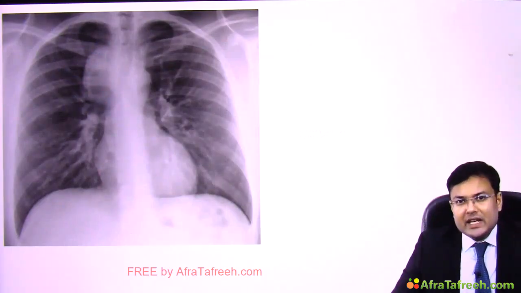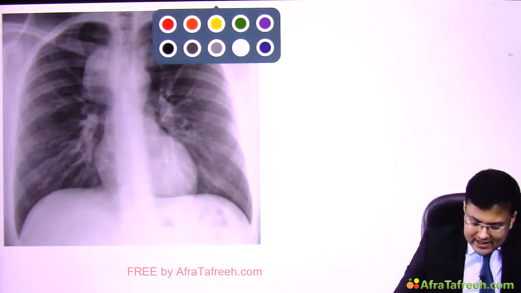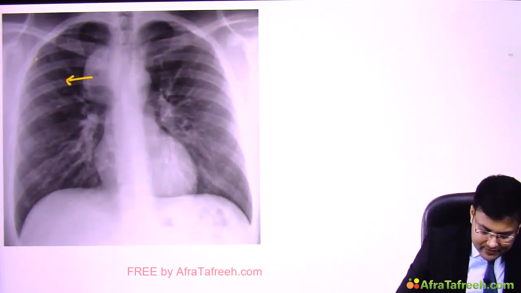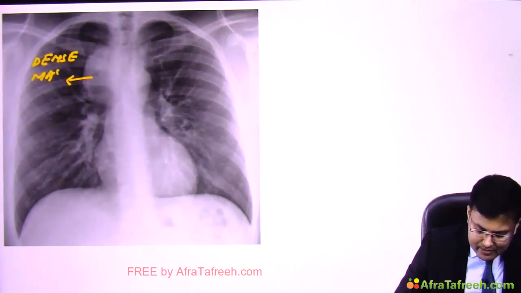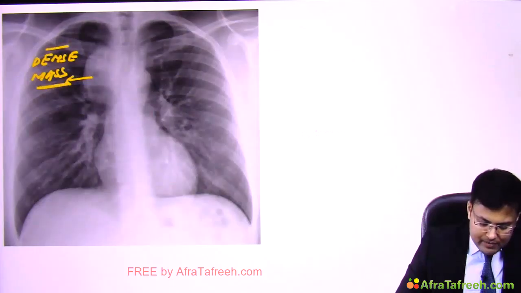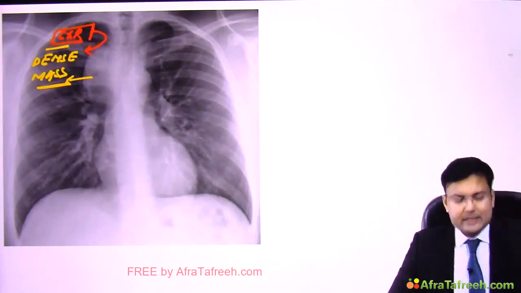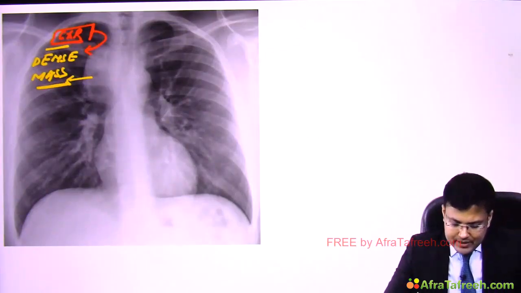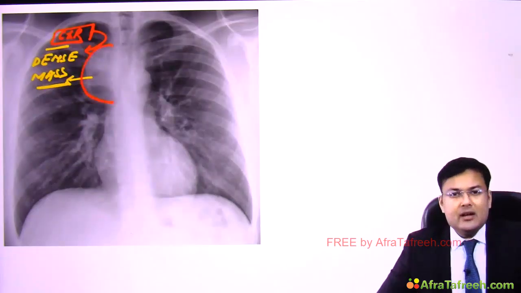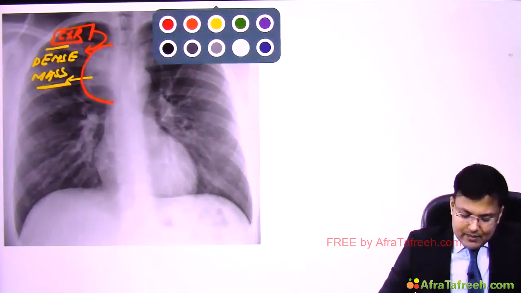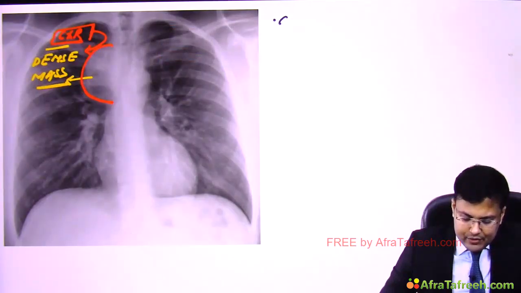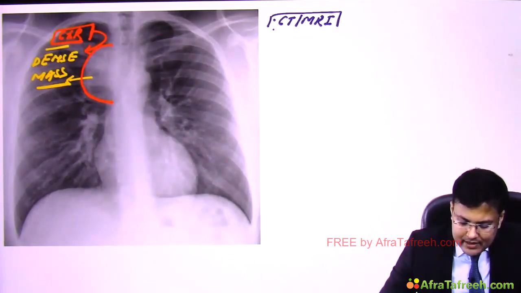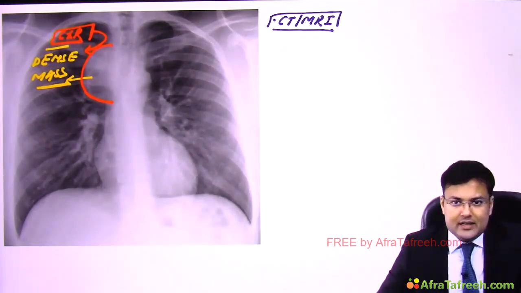Yes, it looks like a dense mass. Clear? Can you see the typical location? This is which type? Right paratracheal. But for better anatomical delineation, we go for CT or MRI.